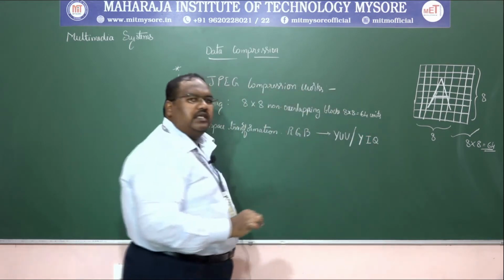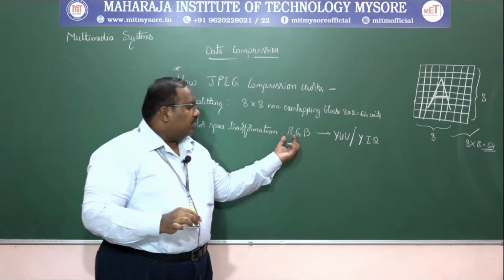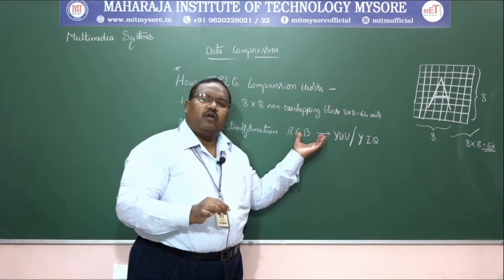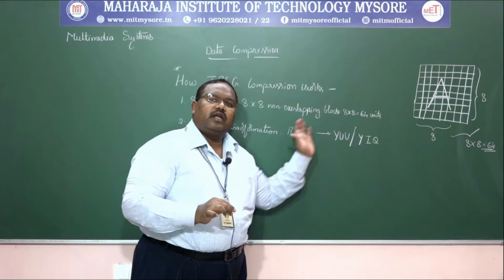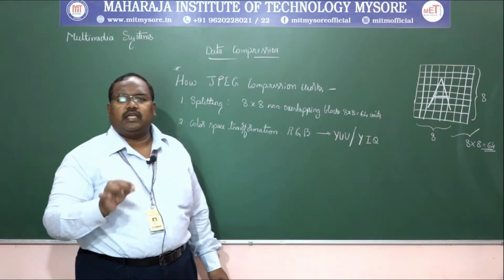We have already discussed YUV and YIQ. So the RGB format of an image is transformed, or converted, into YUV or YIQ format.